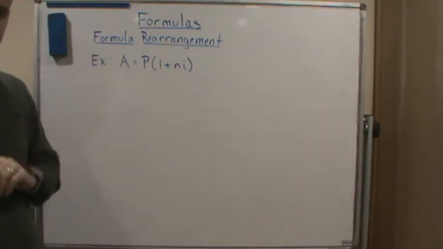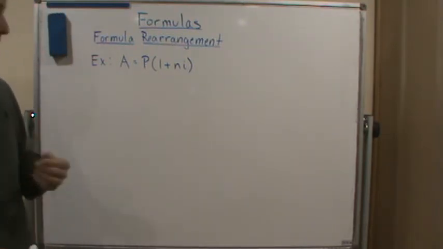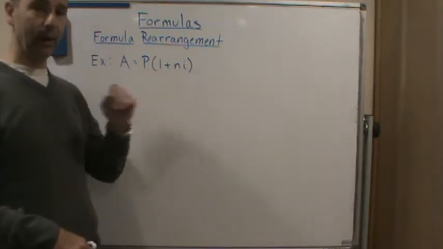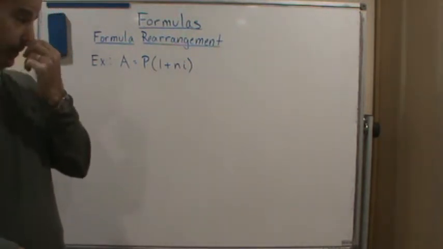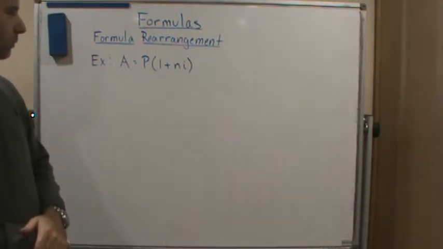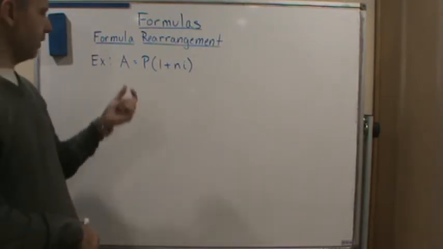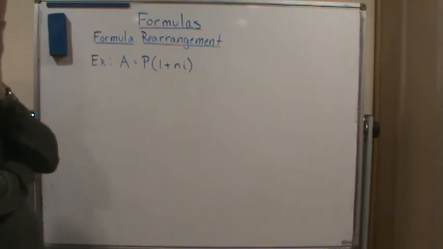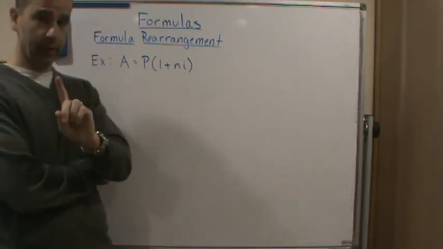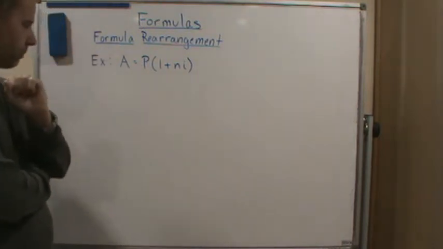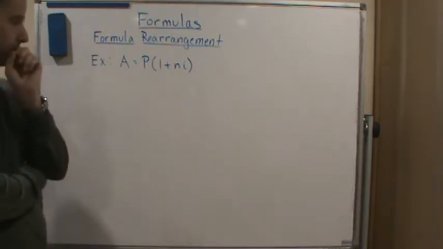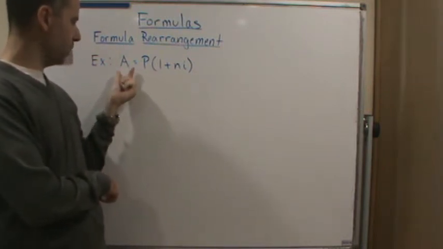What I mean is, for an investment. So this would be like a compound interest type of formula. This is the simple interest formula, in a manner of speaking. But what we're doing is the accumulation formula.